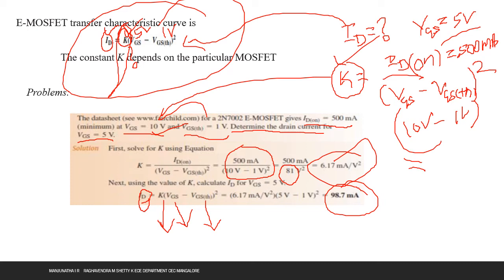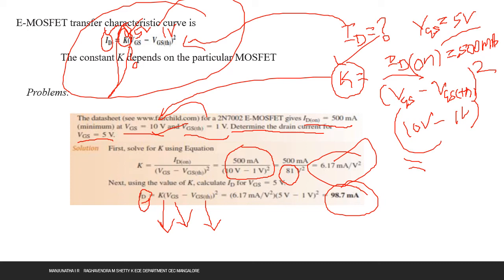Here in this particular problem I have two cases. K is not given. We have to find out K just by rearranging the equation, using the minimum value of ID at a particular VGS. So the minimum value is 500 milliamps at VGS equal to 10 volts, and the threshold value is not defined.